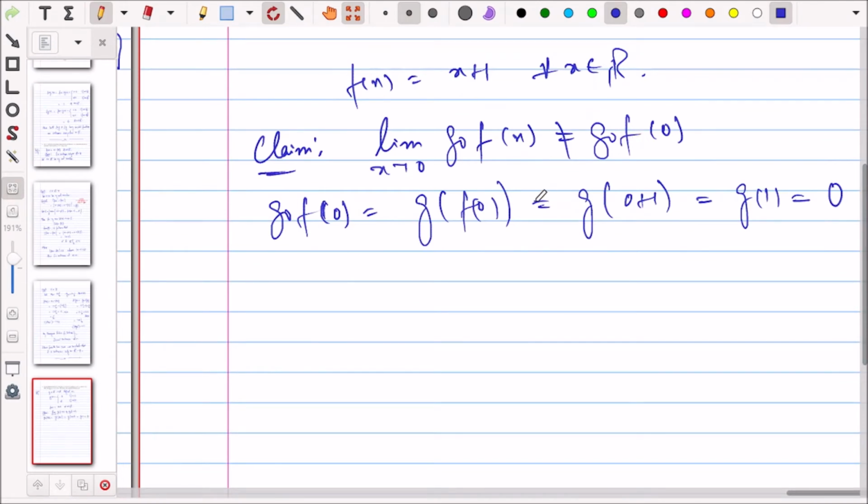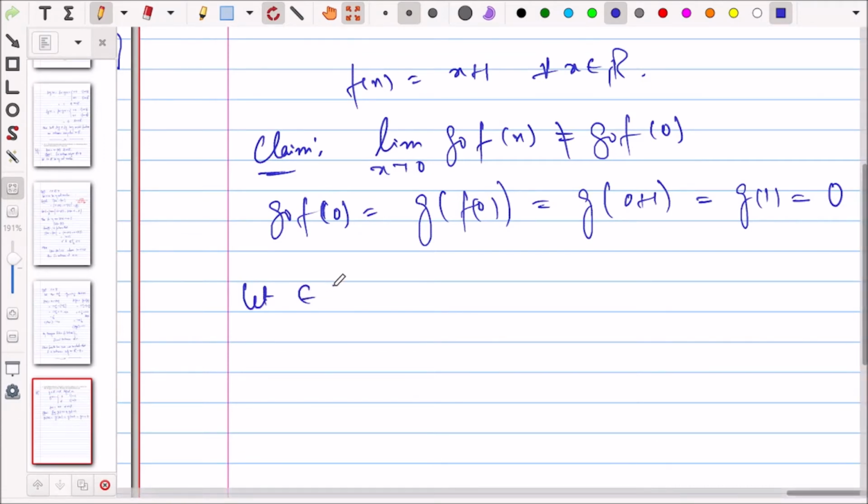To prove that, we have to find some epsilon such that for any delta greater than 0, we can find some x such that the absolute value of g of f(x) minus g of 0 is greater than epsilon. So we can take epsilon equal to 1.